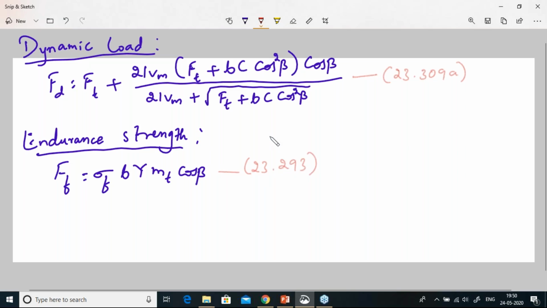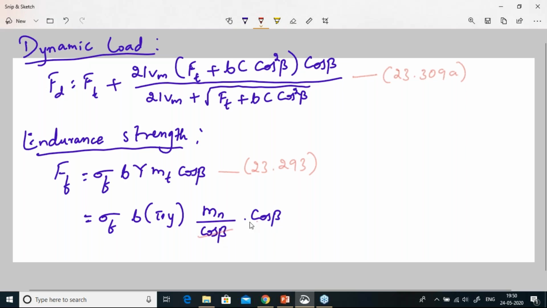So this can be reduced as, which is equals to sigma F into B, capital Y is nothing but pi into small y, mt can be written as mn by cos beta into cos beta.